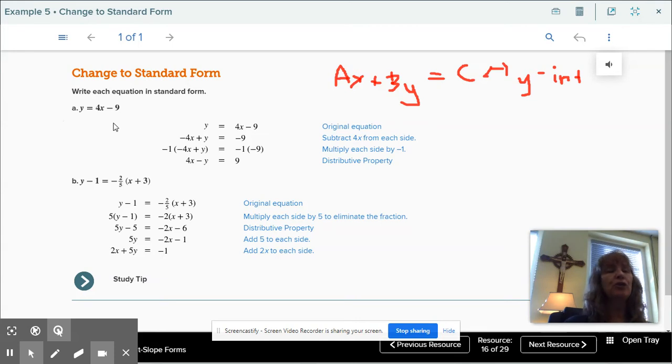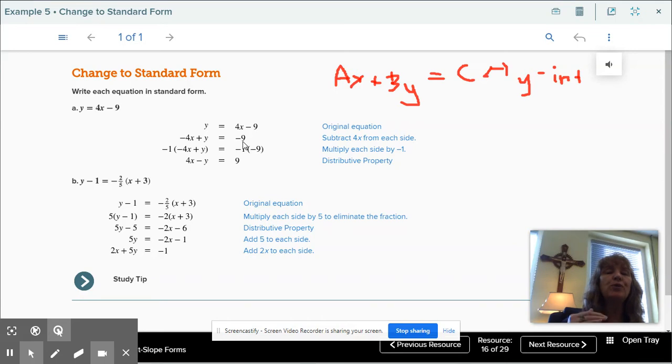So really all you're going to do is just move things around. You want to get your x and your y together, and you want your constant by itself, your y-intercept by itself. So in this case, they want to subtract 4x from each side because you want your 4x to be with your y. So after they did that, you have a negative 4x plus y equals negative 9.